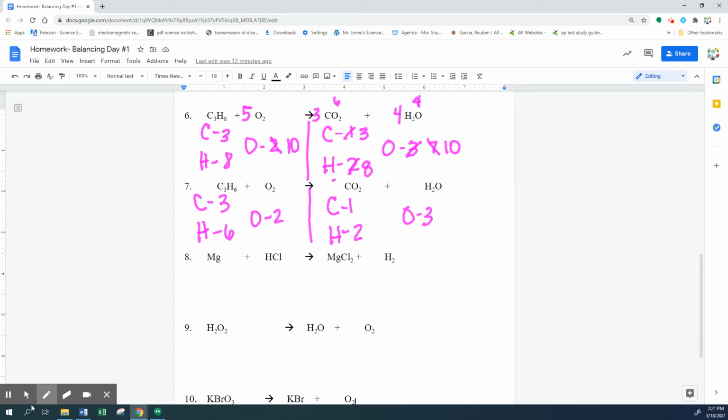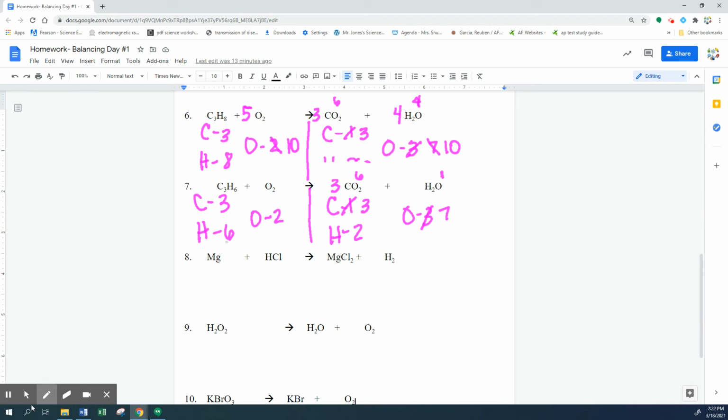I need 3 on my product side. So I'm going to multiply by 3 here. That is going to change my oxygen. This is going to be 6 for the CO2. Right now we have 1 for this H2O. So we have 7 oxygens right now.